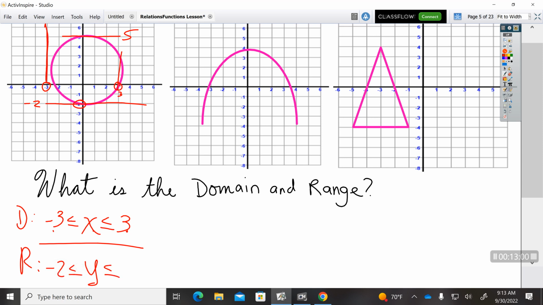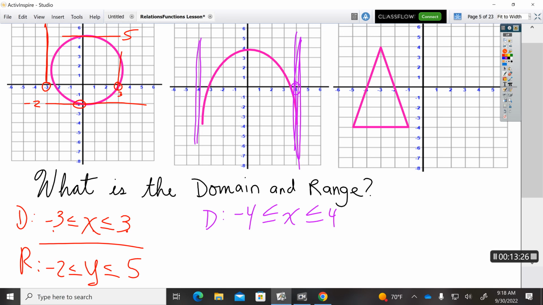And what's the biggest number it got to? 5. That's it. That's domain and range when you have a graph. Are you with me? All right, I'll give you a couple of minutes to try the next two on your own, and then we'll get some more practice on the next page. So try this one and this one solo.